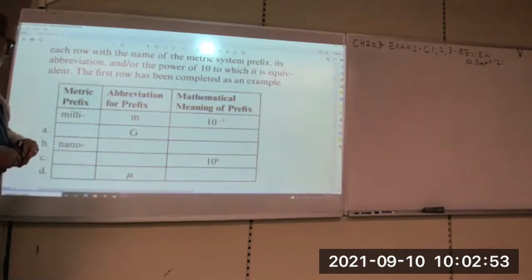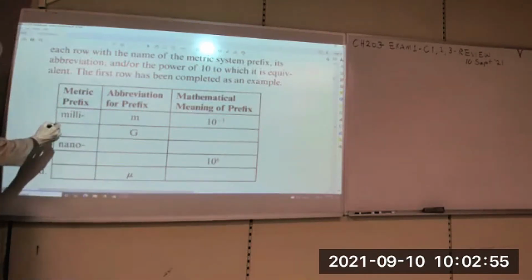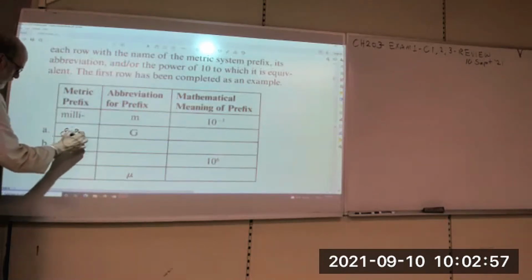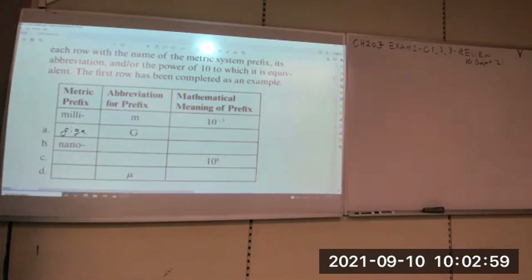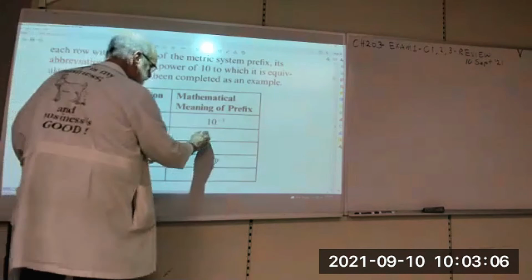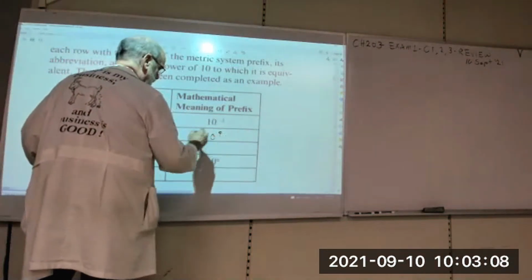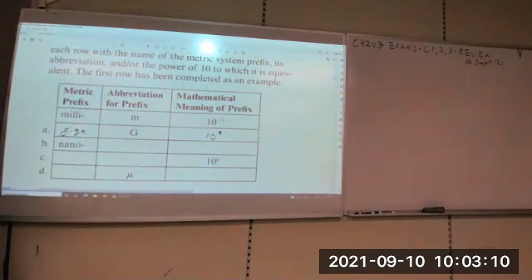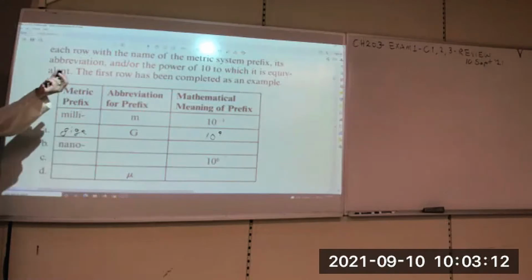What does that mean? That's short for giga. Everybody knows gigabytes, right? That's a billion. So it's 10 to the 9. It's a giga times whatever it is.